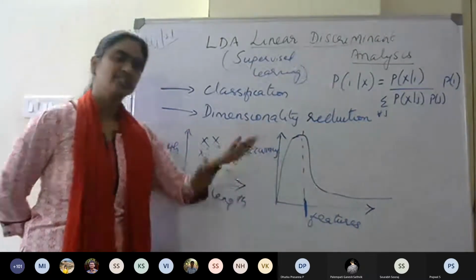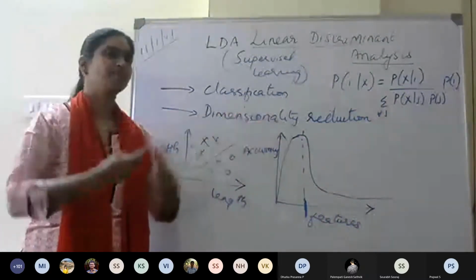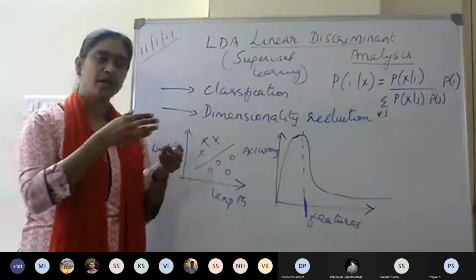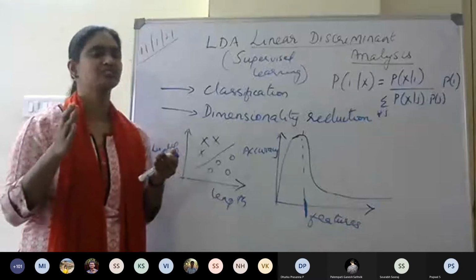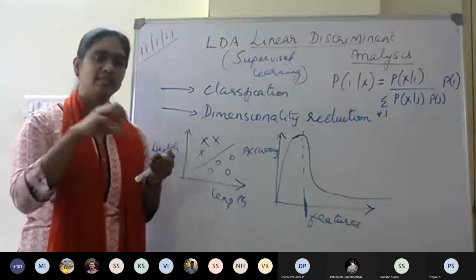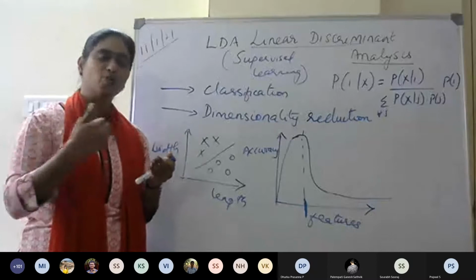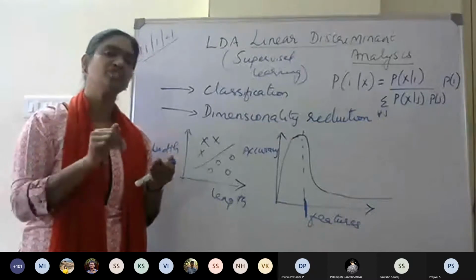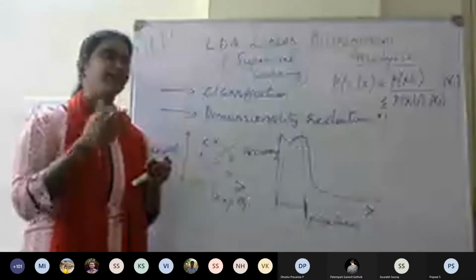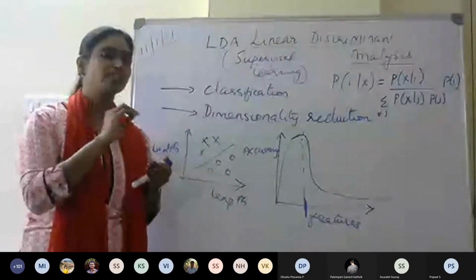Initially, if you are selecting so many features, that is called feature selection. Then you try to do a classification, but it gives low accuracy. So you have to eliminate certain features which are not required. That elimination of unwanted features, those which are not relevant or not contributing to the classification accuracy, is called dimensionality reduction.